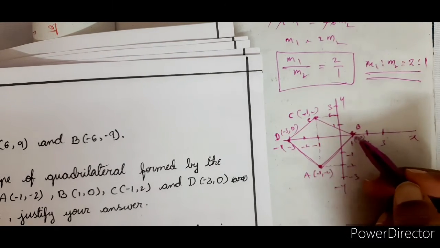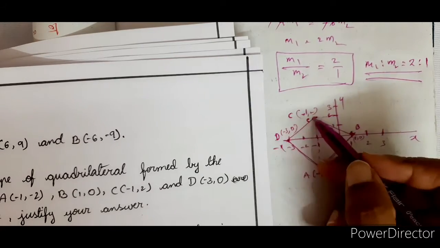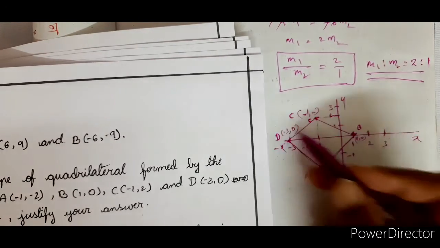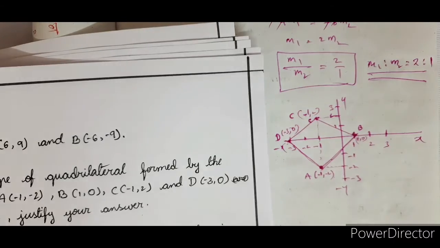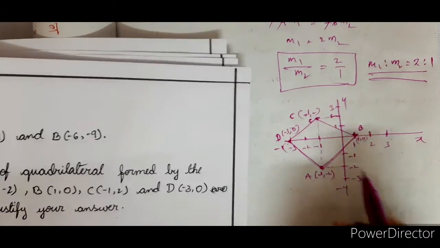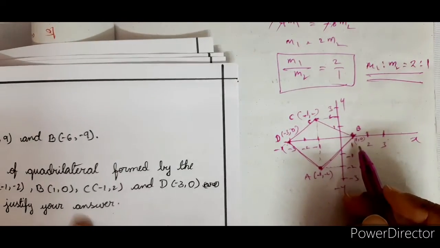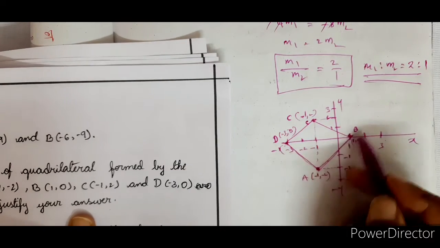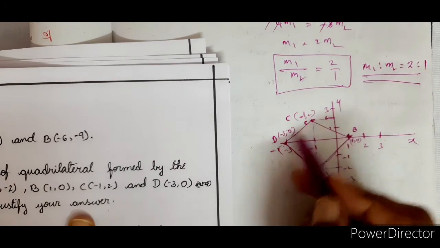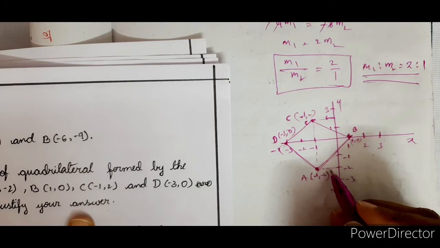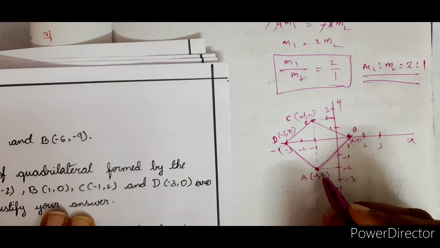And we need to know the slope of this. If it is equal to the slope of this, then the two sides are parallel. Okay, so let's see the slope, because he is also asking us to justify our answer. If I didn't make any mistake here, this is the shape of the diagram.